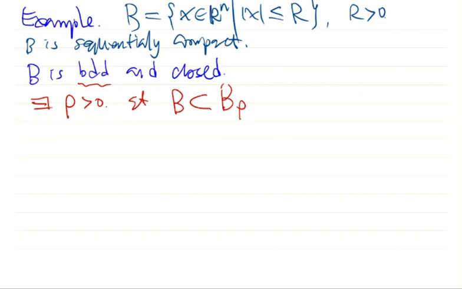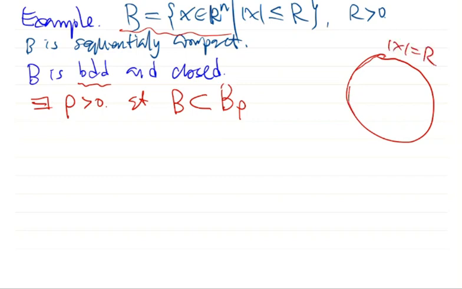But our B is a ball whose boundary sphere is where the norm equals R. So our B is a subset of the ball with rho equal to R plus 1. So this proves that B is bounded.